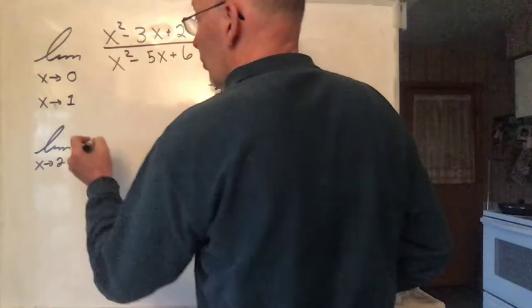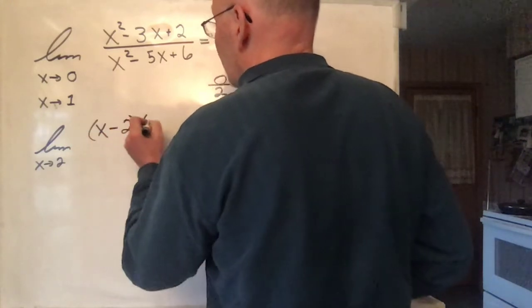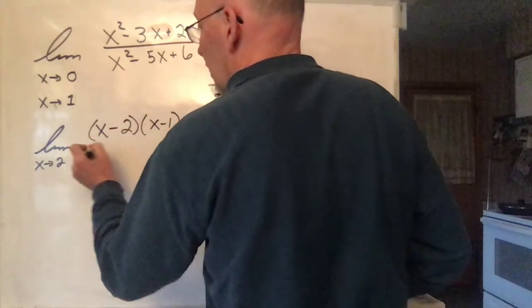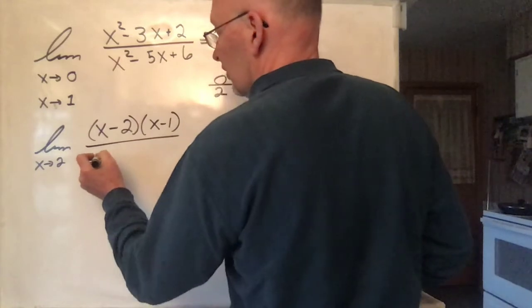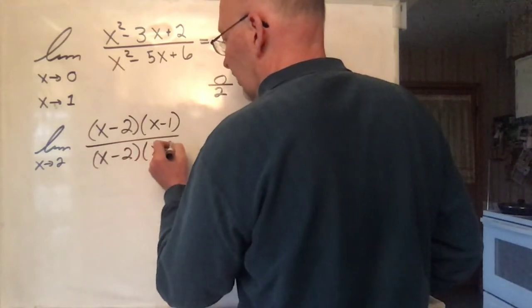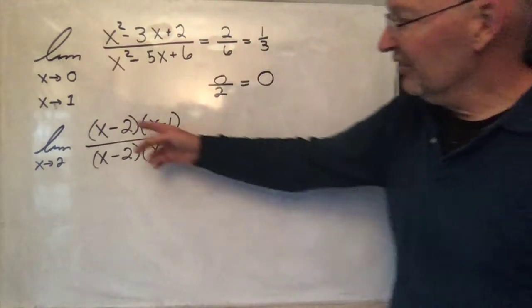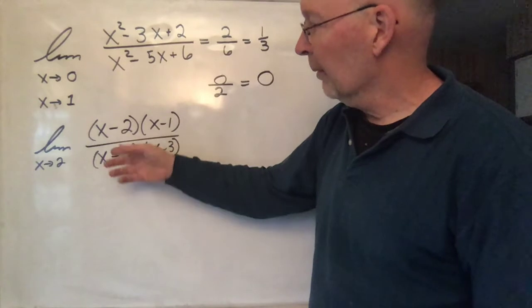If we factor the numerator, it's going to be x minus 2 times x minus 1. And on the bottom, we're going to get x minus 2 times x minus 3. It factors. So now we can do the same sort of thing we did in the previous problem.